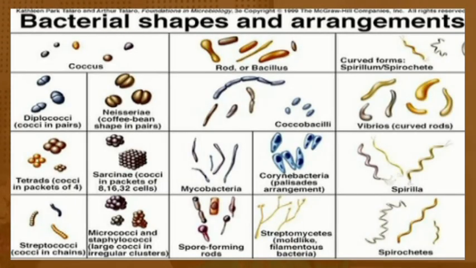They are found in different shapes and structures. Some of the bacteria are spiral in shape, some are comma in shape, some are round and some appear as rods. And bacteria could be pathogenic or non-pathogenic. There are several bacteria present in our body which do no harm to us and they reside as normal flora in our body.